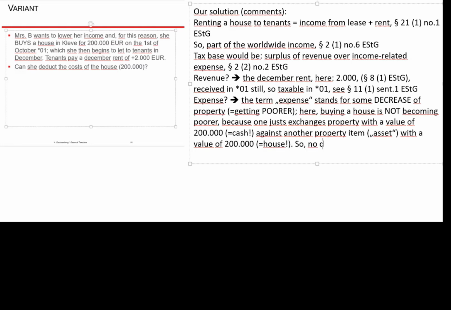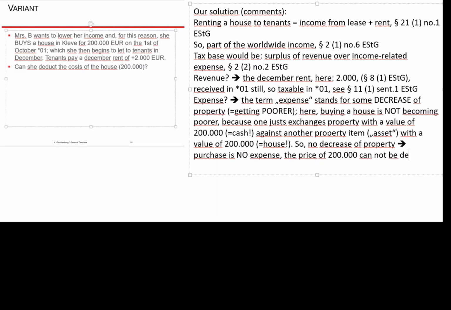So no decrease of property. Purchase is no expense. The price of 200,000 cannot be deducted.